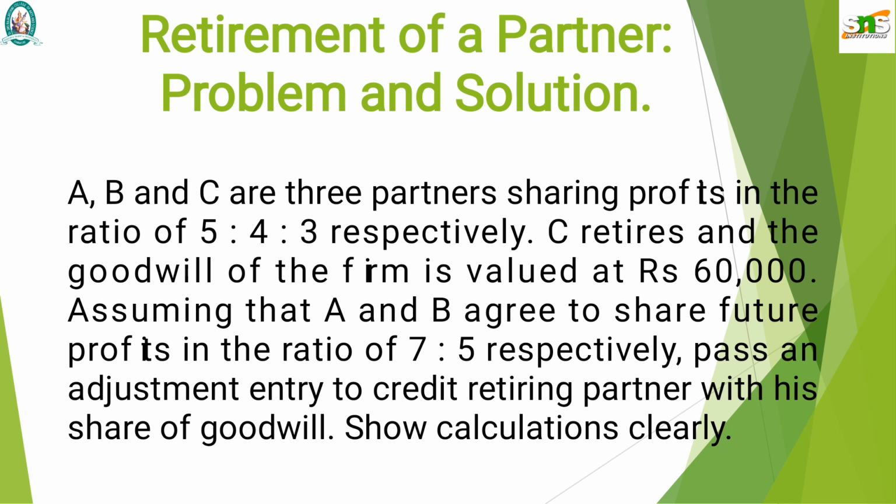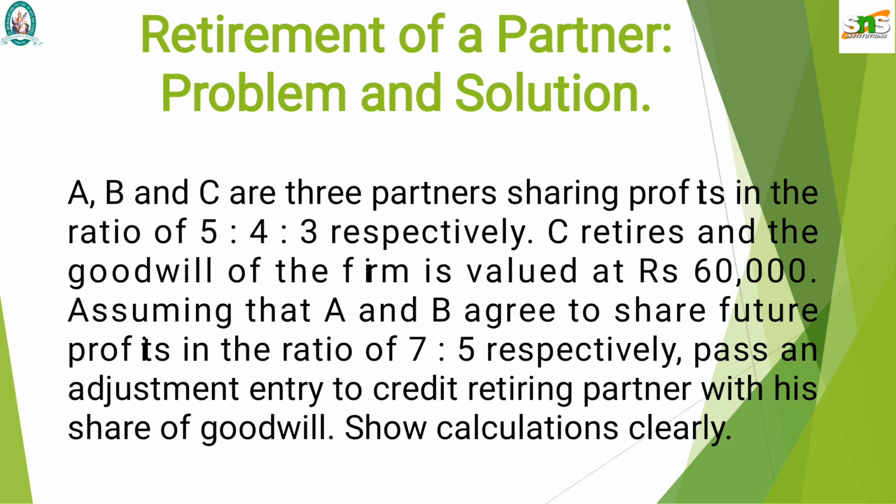Then after the retirement of C, the new profit sharing ratio between the remaining partners, that is the continuing partners, is 7:5.